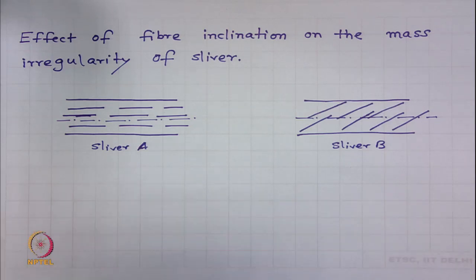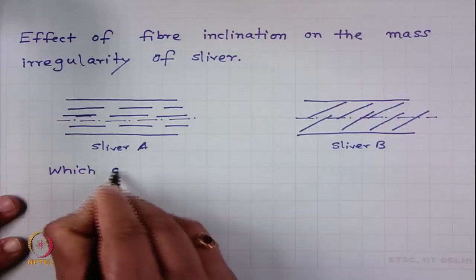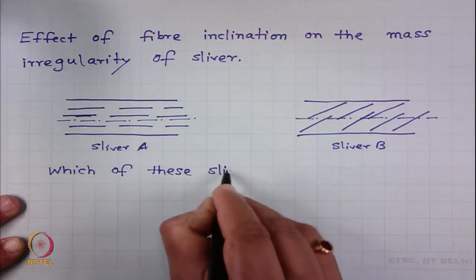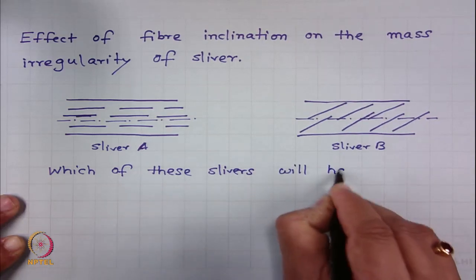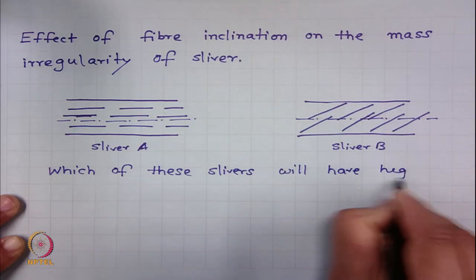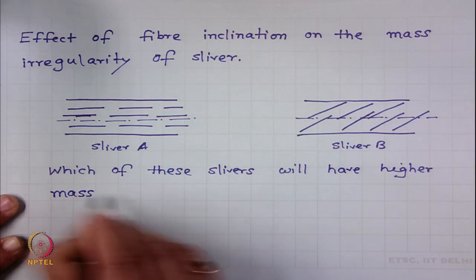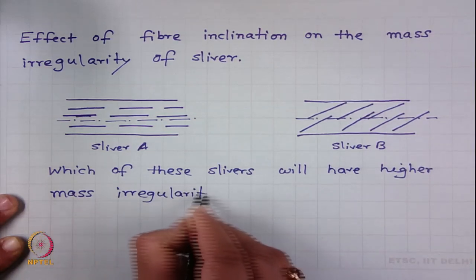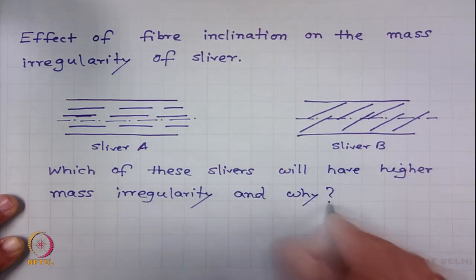Which of these two slivers will have higher mass irregularity? And why?